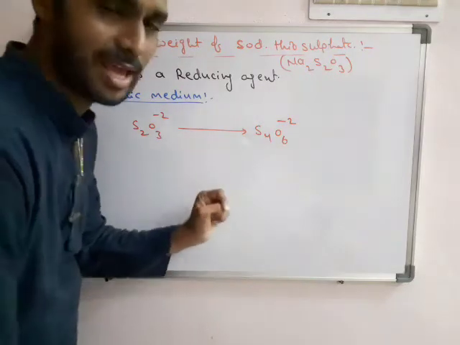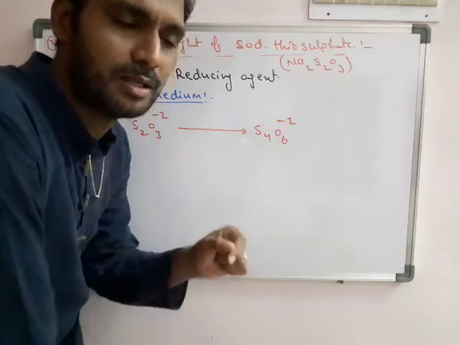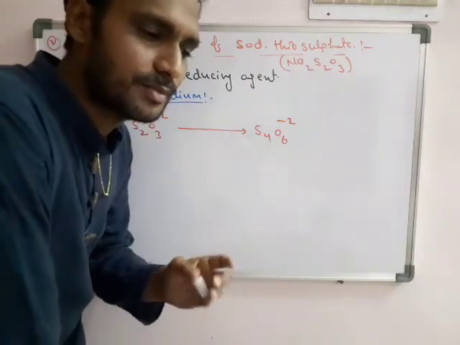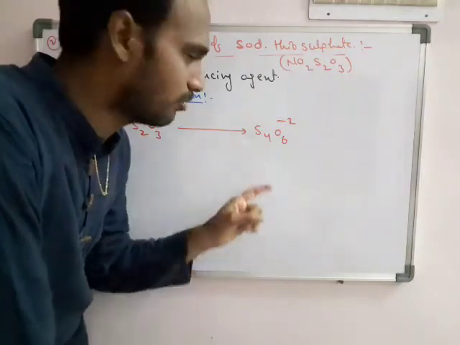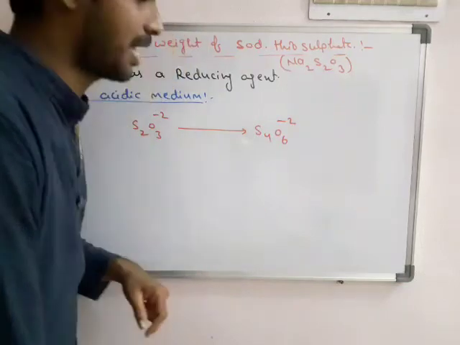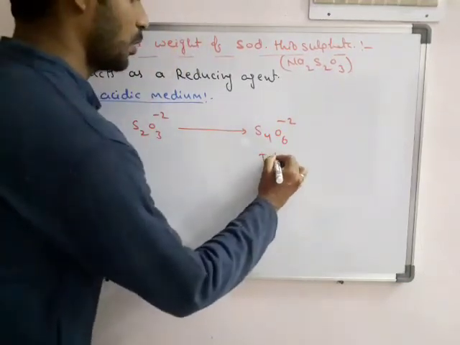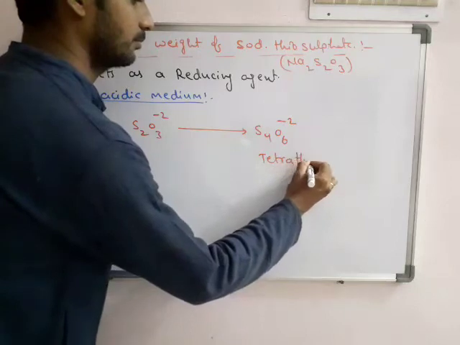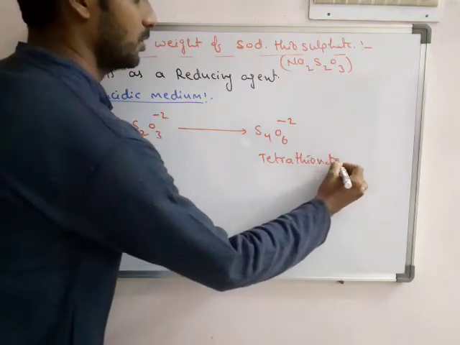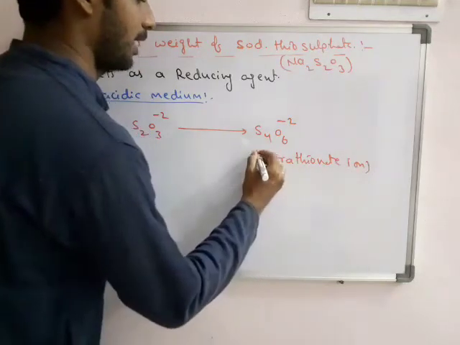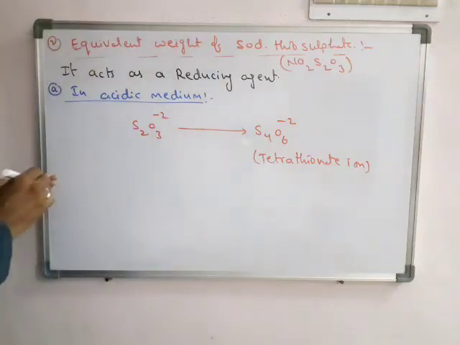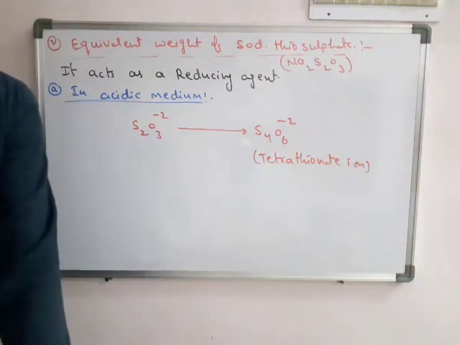It is a very rare ion. Actually, in the topic of radicals it is not covered because it is very rare. It's called the tetrathionate ion. Here we have to see the change in the number of electrons.